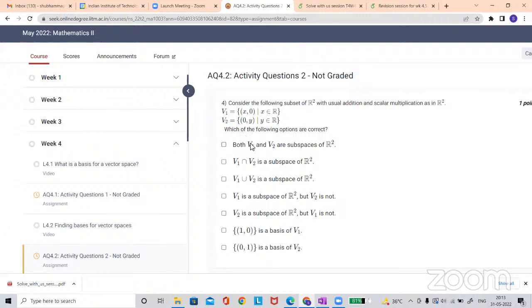I think, sir, can I speak? Yeah. I think that if V1 and V2 are any subspaces, then the intersection will always be a subspace of R2, whatever dimension it is given. Because if it is given as an intersection, then it will be the common elements of both subspaces.